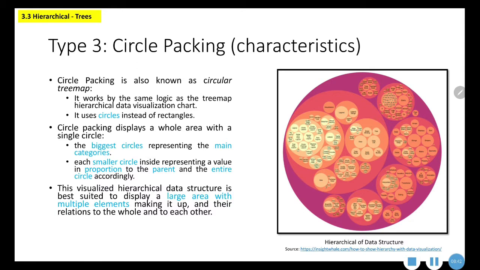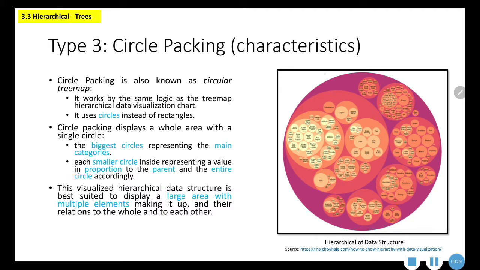This type of visualization is best suited to display a large area with multiple elements that make it up, and their relations to the whole and to each other.